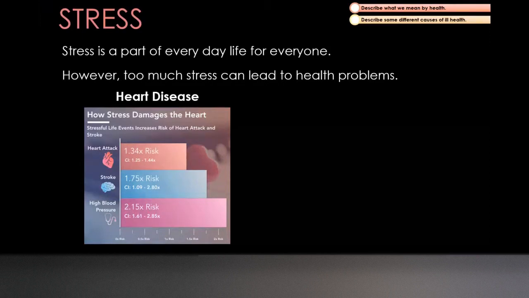So your blood in your veins and your arteries is under pressure. In order to get it to go around your body, your heart is pumping, and that applies some pressure to the blood. Hypertension, incidentally, is the same thing as high blood pressure.